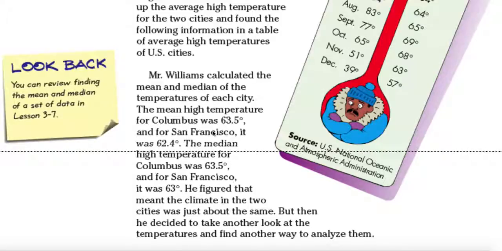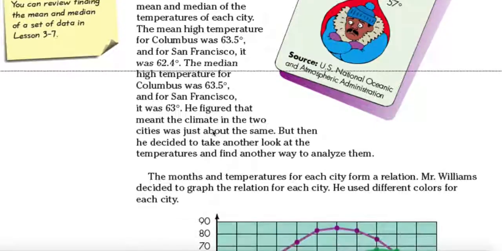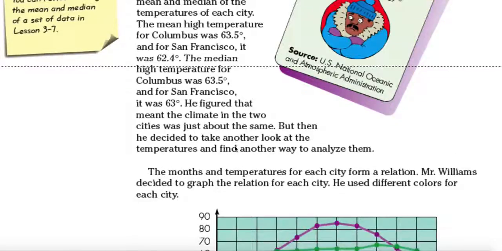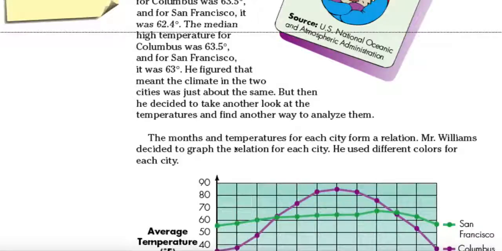But he wanted to find out more, so he looked for another method. The months and temperatures for each city form what we call a relation. You know what a relation is from the last lesson.